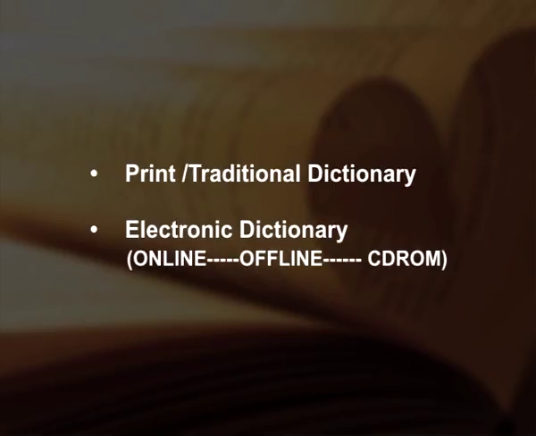The advent of information and communication technology made ripples in every nook and corner of society. The modes of information delivery and information retrieval were made easy through new technologies. Based on the mode of delivery, dictionaries can be divided into two categories: print or traditional dictionary and electronic dictionary.